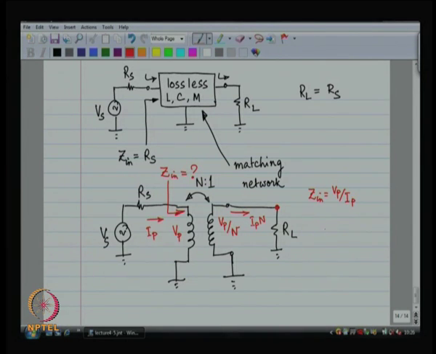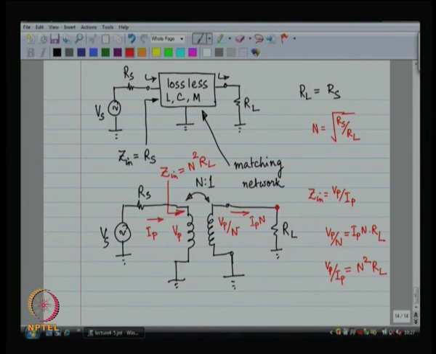At the load, V primary by n is equal to I primary times n times R L. Therefore, V primary by I primary is n squared times R L. So, Z in is equal to n squared times R L. And what you can do is choose n to be equal to square root of R s by R L.